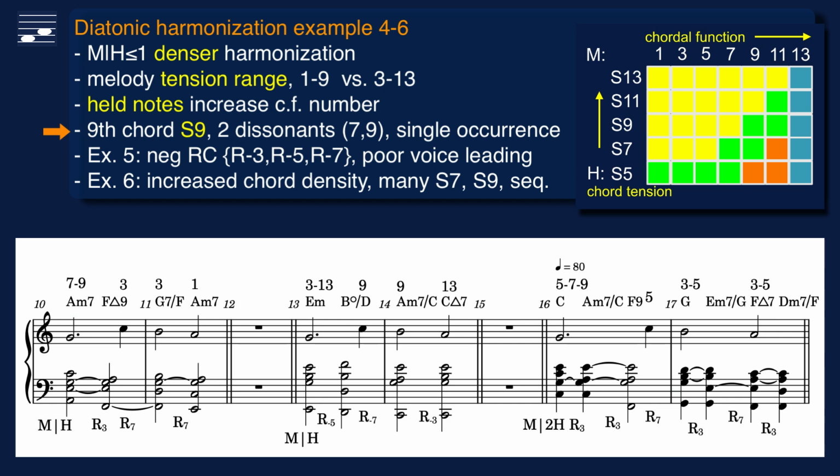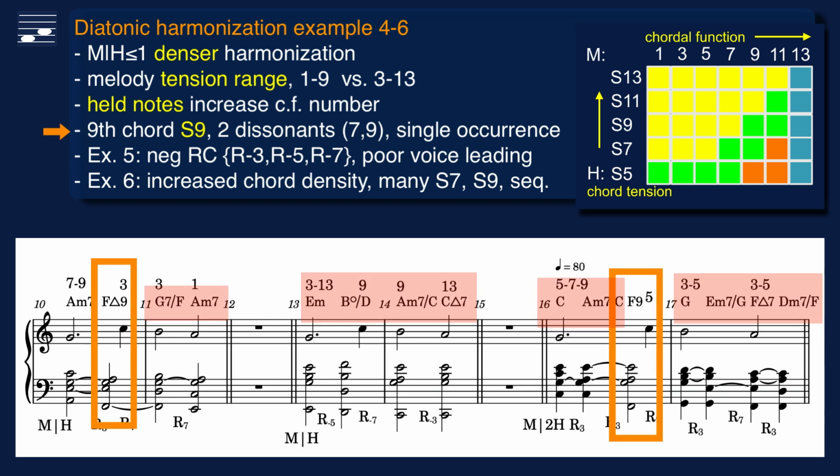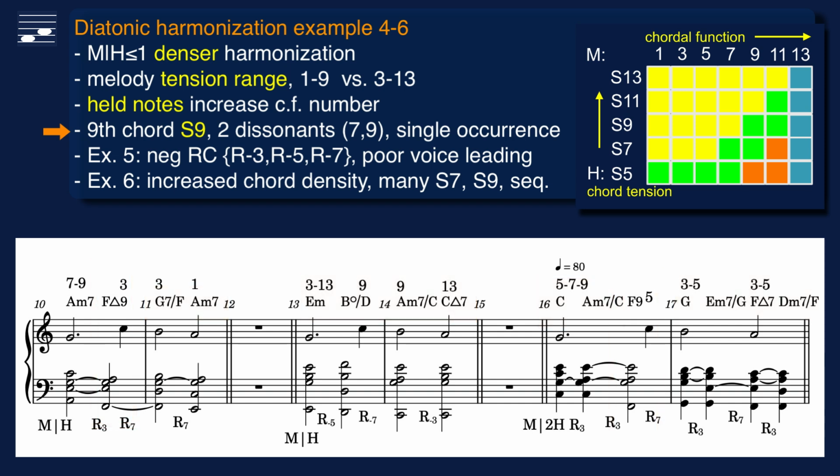And another requirement in Schillinger diatonic harmony is that we can have series of triads and 7 chords, but only single occurrences of S9 and S11, and then in root position. So again, another complicating factor in melody harmonization. Listen to example 4.